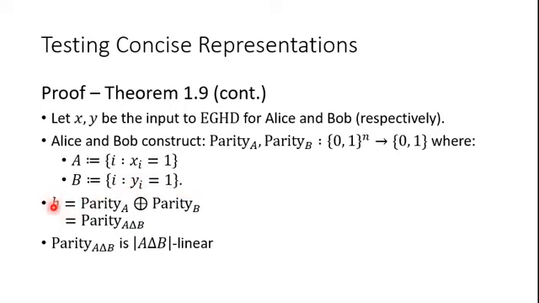Then h is defined to be parity A XOR parity B, which, as we've already seen several times now, is equivalent to the parity of the symmetric difference between A and B. And of course, this parity is linear in the size of the symmetric difference between A and B.